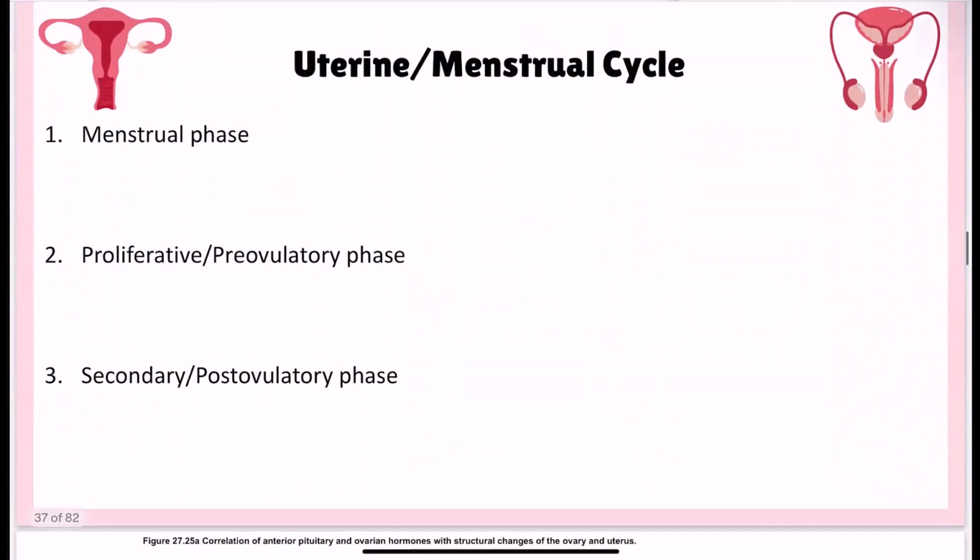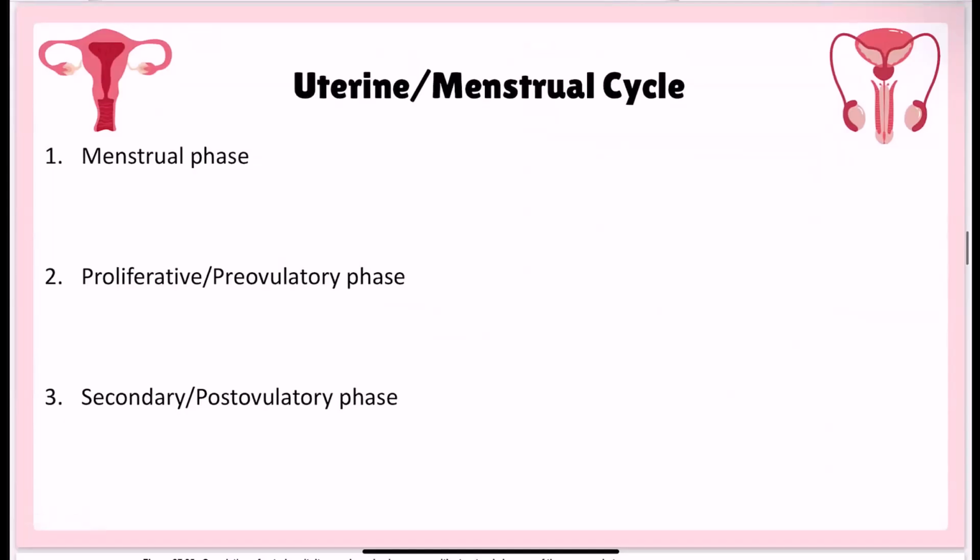However, there's also events that happen inside the uterus. That's called the uterine cycle or the menstrual cycle. The ovarian cycle is a focus on the ovaries. The menstrual cycle is a focus on the events of the uterus. Specifically, what's going on here is not just the uterus, it's really the endometrium.